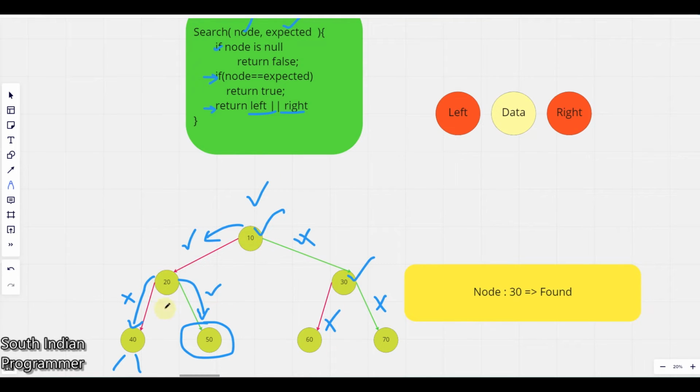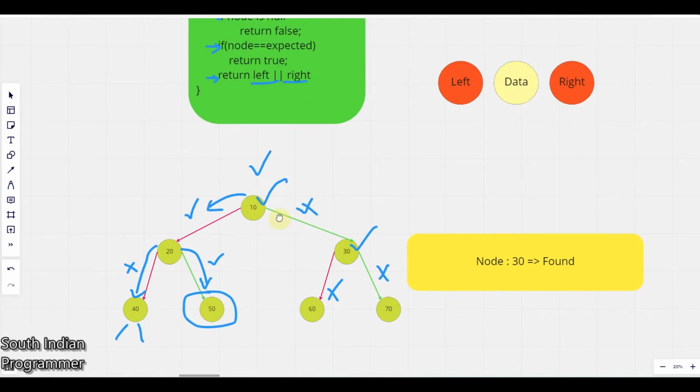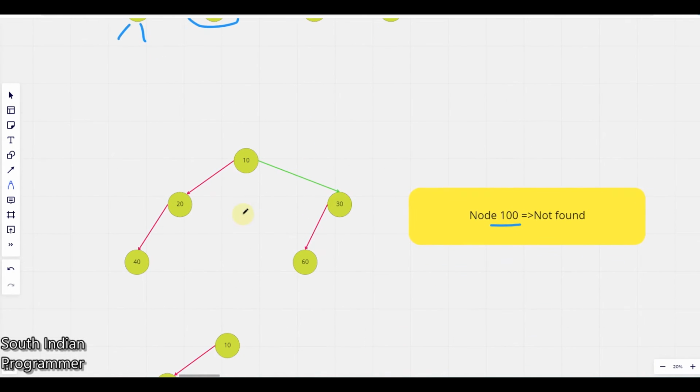We don't need the path of how it goes, we just need whether it exists or not. Okay, let's try this example. Here I have 10 and I'm looking for the node with data 100. First it checks at the root, it's not there, so it triggers the left side, and it goes to 40.